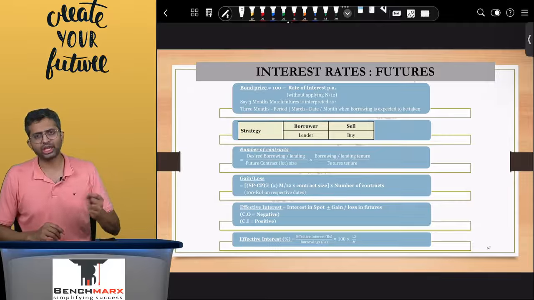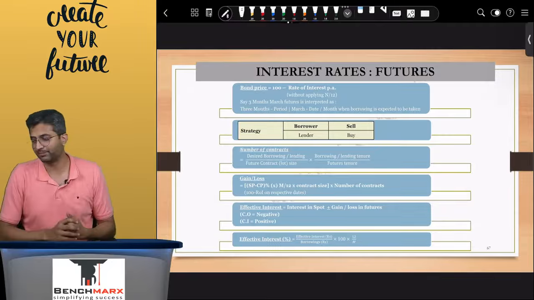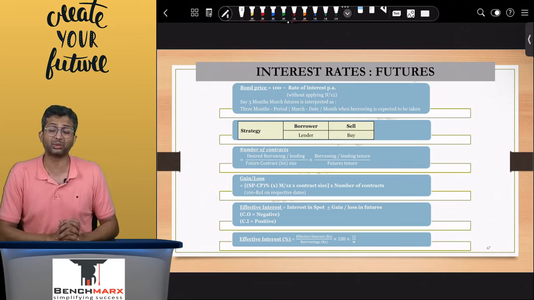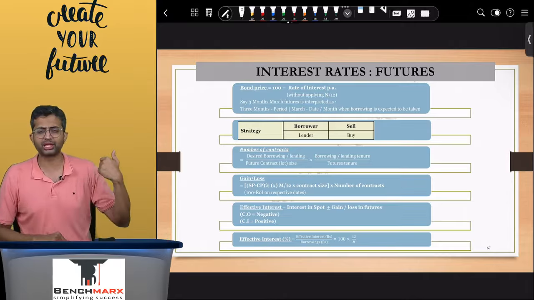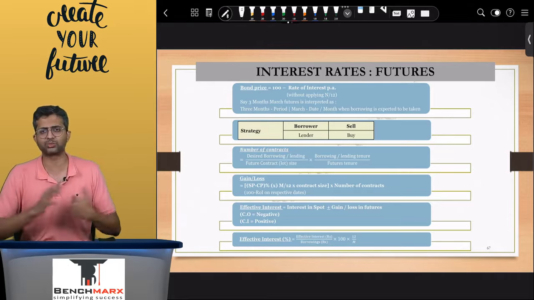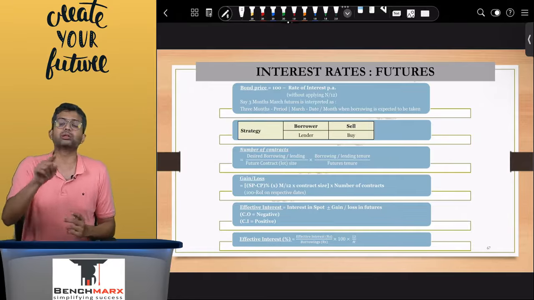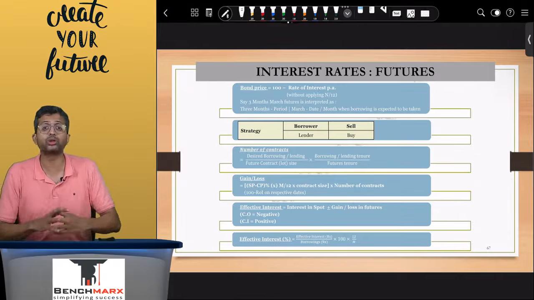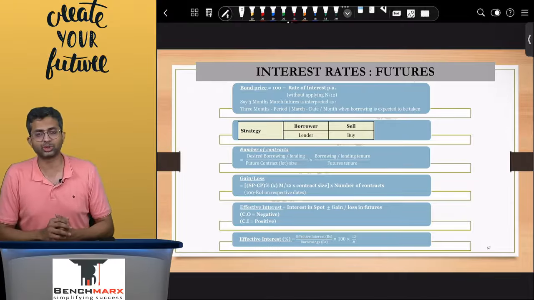Step 2, maturity. Again, you will take the bond which matures at or after your desired maturity. So if you want, let us say, a borrowing in the month of March, and you have futures expiring in January and futures expiring in May, only these 2 options, well, you will take the May futures, because January futures will expire in January, and it will expose you to potential interest rate changes which may happen in February as well as March.